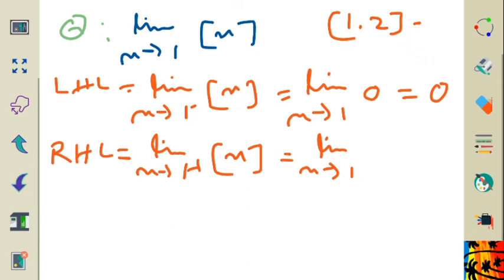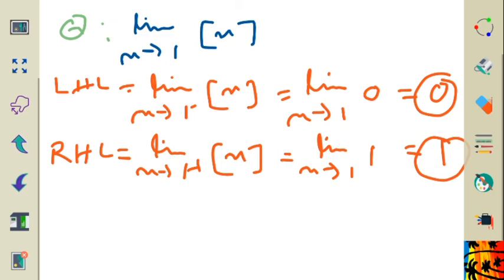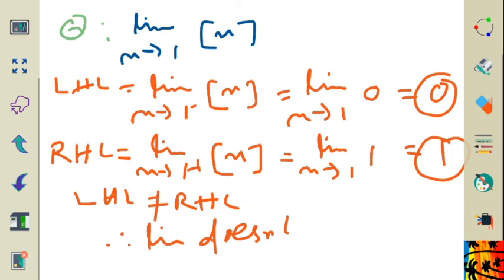So for slightly greater than 1 I will put 1. Now you can easily see LHL is not equal to RHL. Clear? So LHL is not equal to RHL, hence the limit doesn't exist.